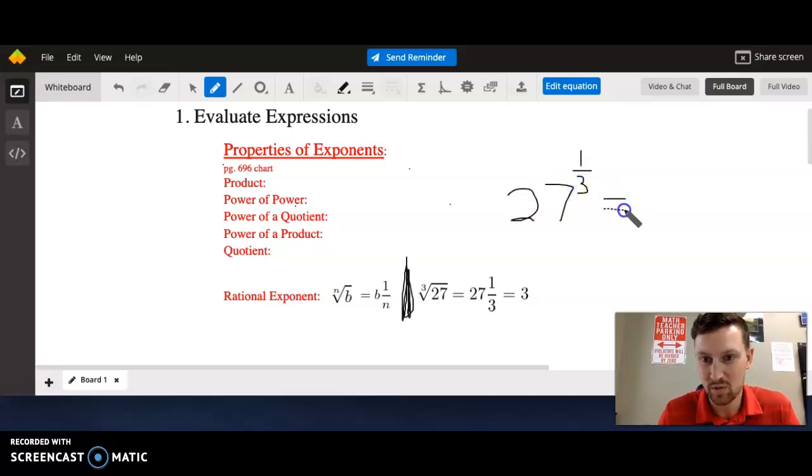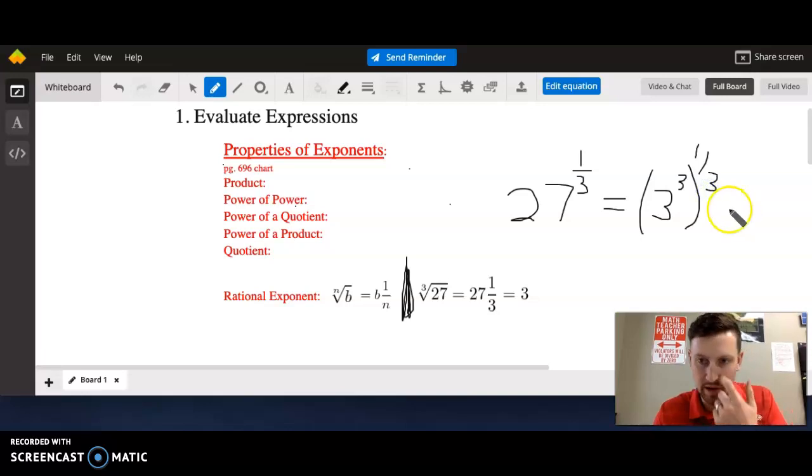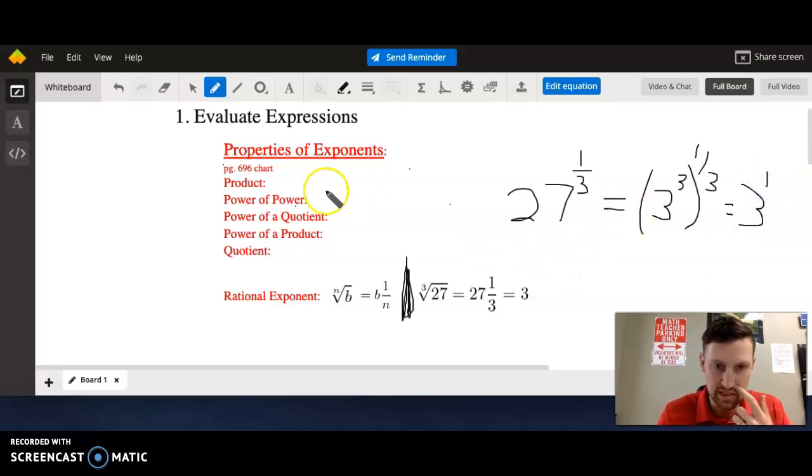We say 27 could equal 3 cubed to the 1/3. And then of course, power to a power, multiply, so you get 3 to the first power. So that's essentially what our definition says. The cube root of 27, 27 to the 1/3, equals 3.